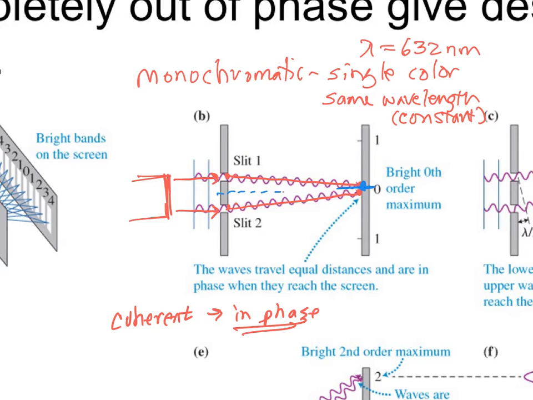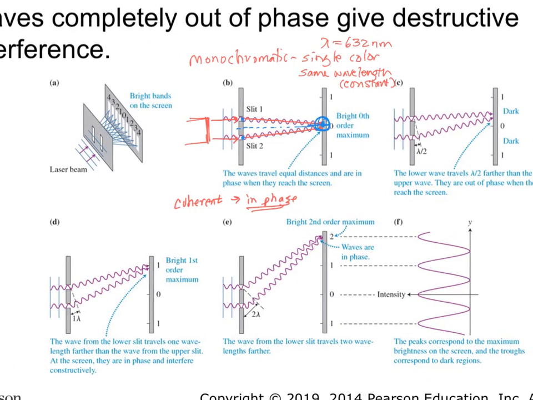So if you drew a line through here, that point on the screen is exactly in the middle, so the distance from each slit to that point is the same. If they were in phase when they left here, they're going to be in phase when they arrive on the screen. So the crests arrive at the same point and you get a bright spot.